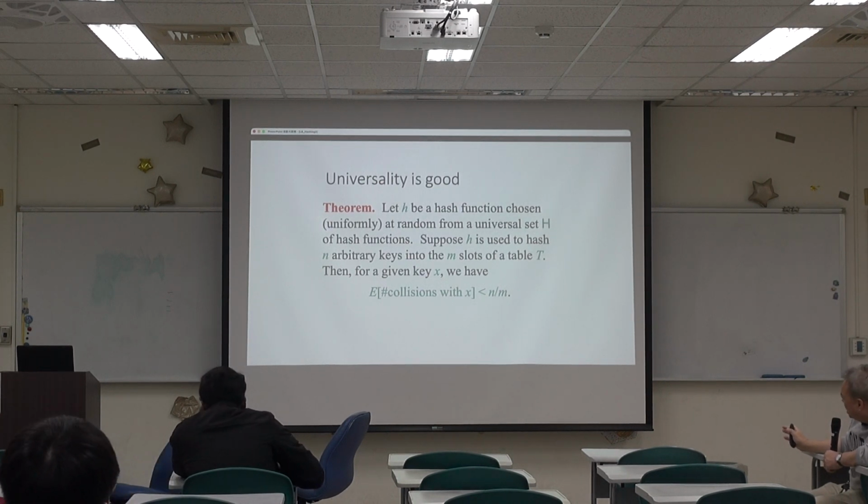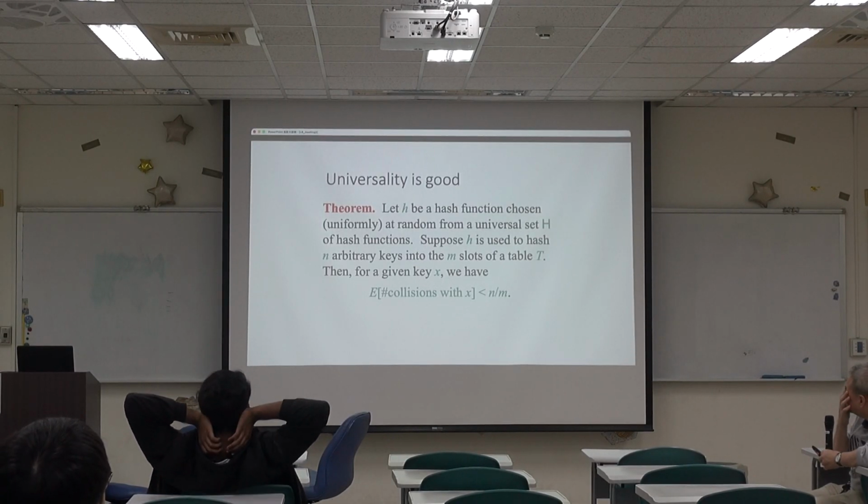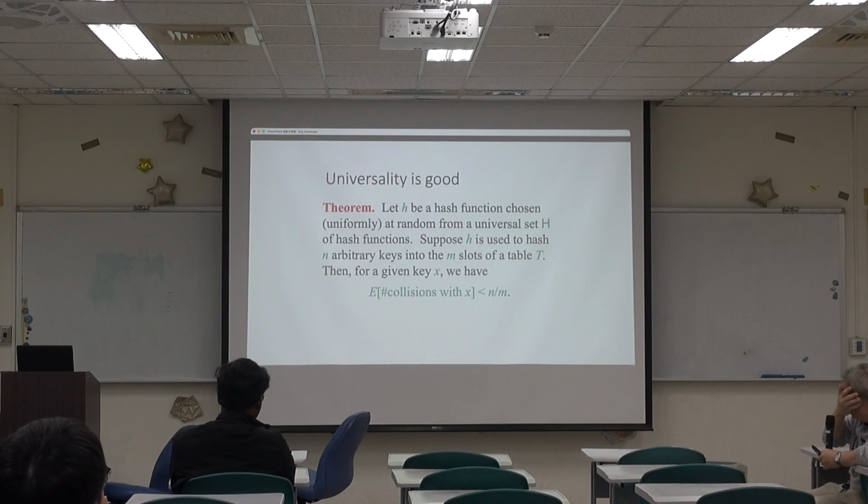Suppose h is used to hash n arbitrary keys into n slots of a table T. Then for a given key x, the expected number of collisions with x is going to be smaller than n divided by n.